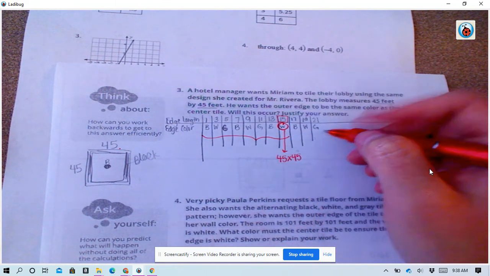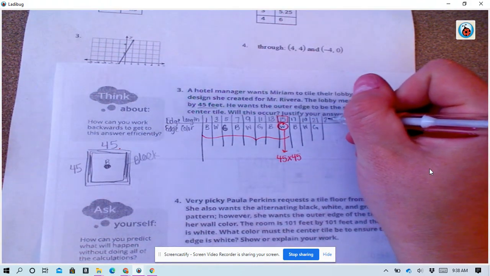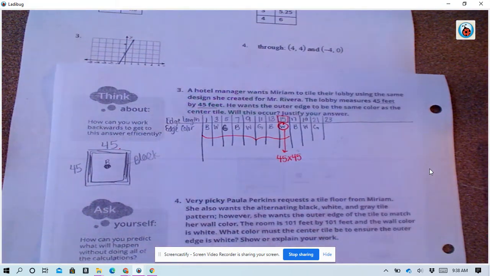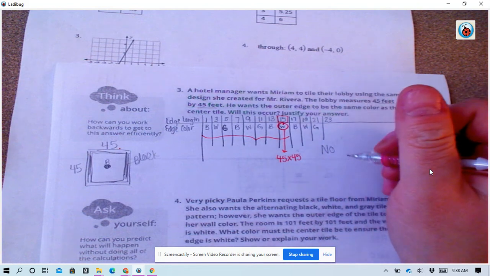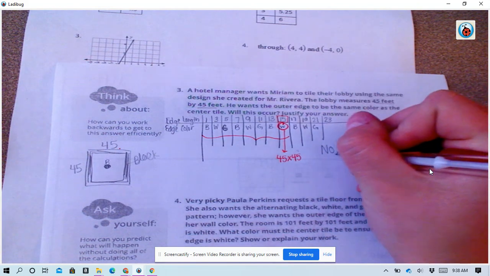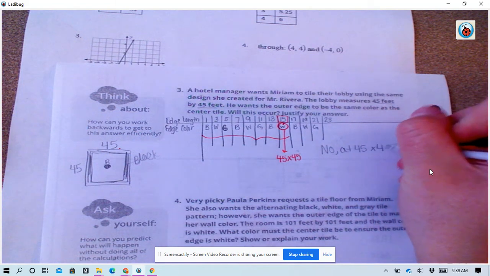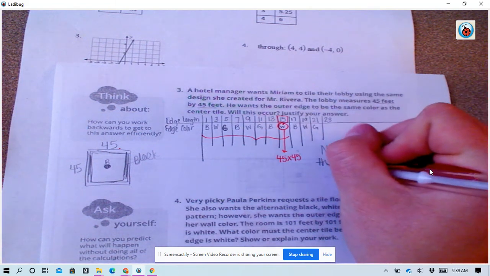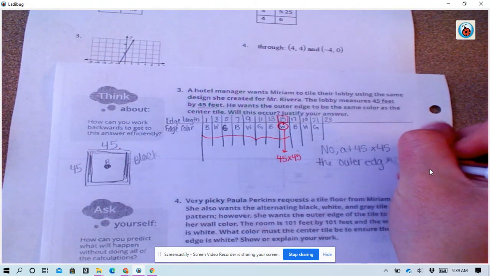The first time I did this problem, I continued my table all the way out. That wouldn't be a problem if you needed to do that. So is this possible? Justify your answer. No, it is not possible. No, at 45 by 45, the outer edge is white.